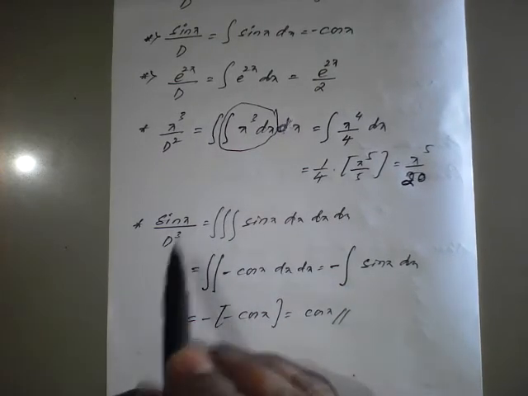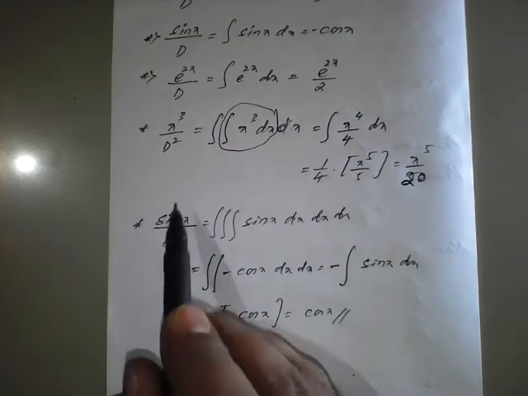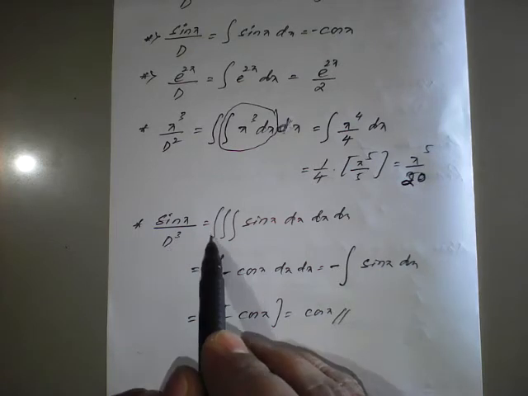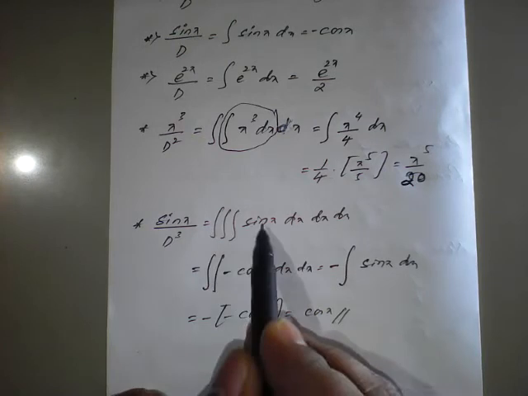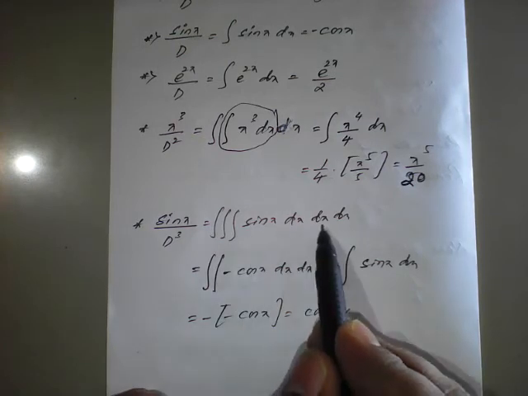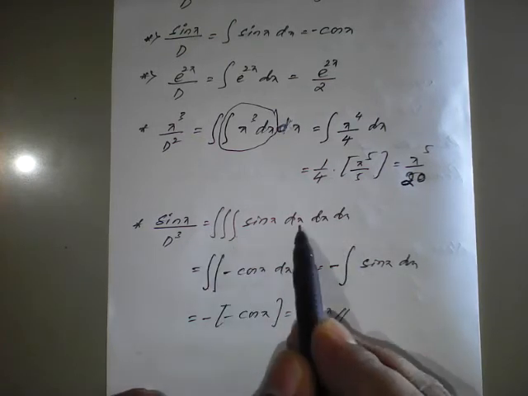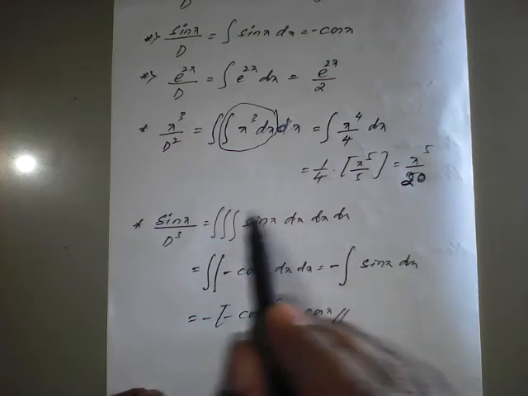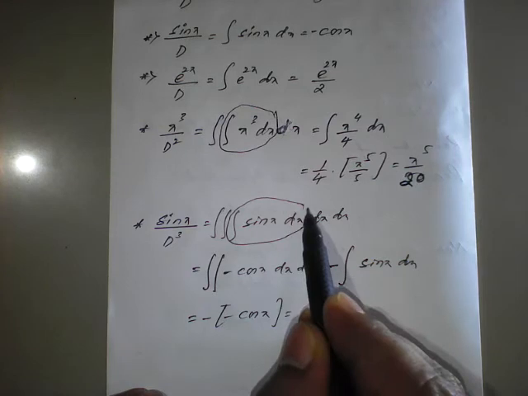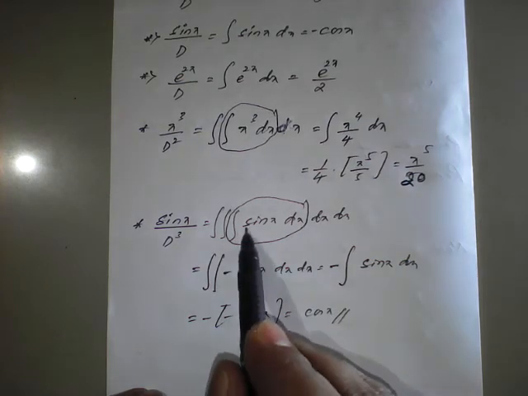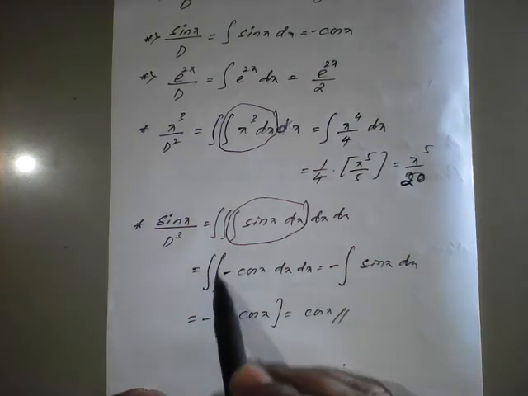Next, sine x divided by D cube. 1 upon D cube means 3 times integration of the function sin x, so we have to write dx dx dx 3 times. First we integrate the first part, and the double integration you keep as it is.